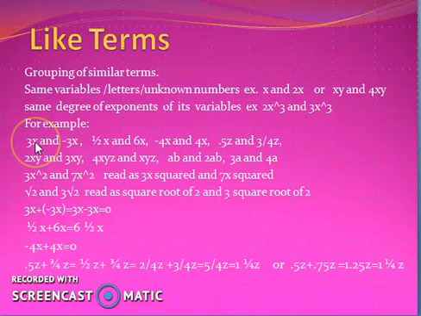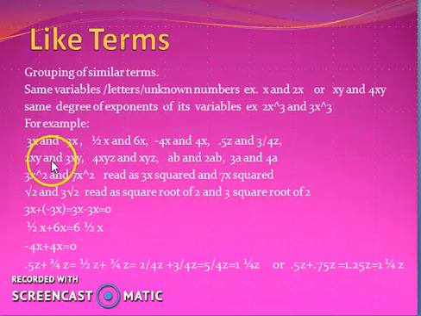Here are other examples, 3x and negative 3x. They have the same variable x. 1/2 x and 6x, they have the same variable of x. Negative 4x and 4x, 0.5z and 3/4 z, so they have the same z.